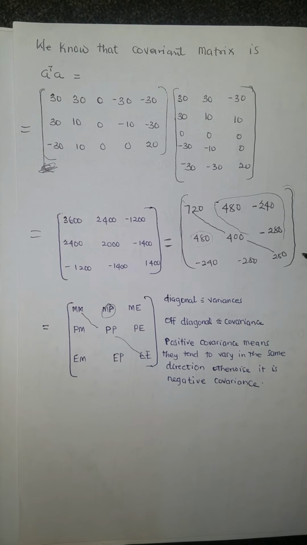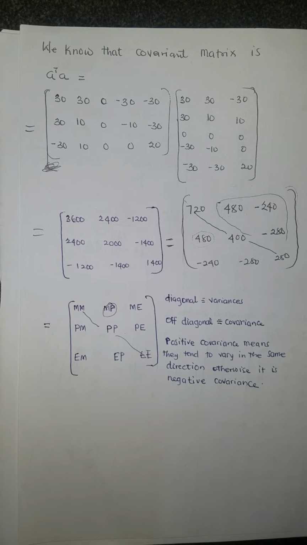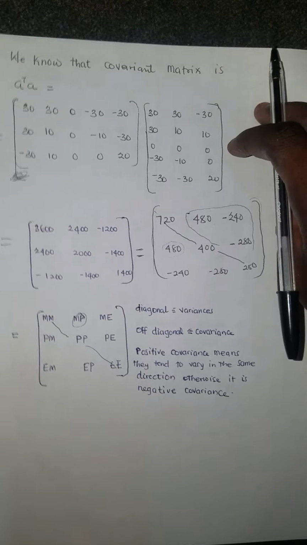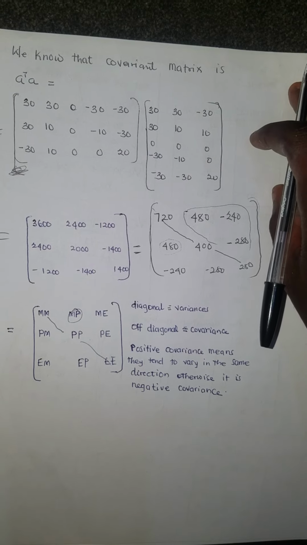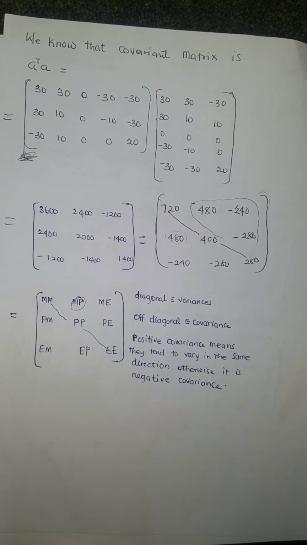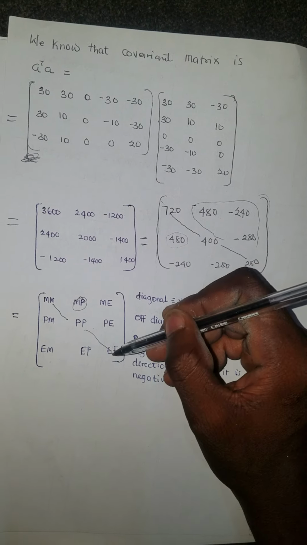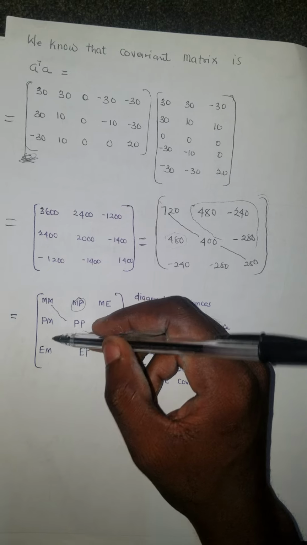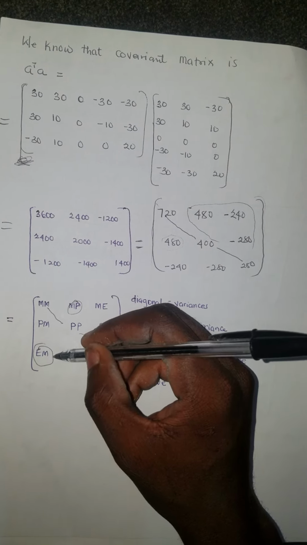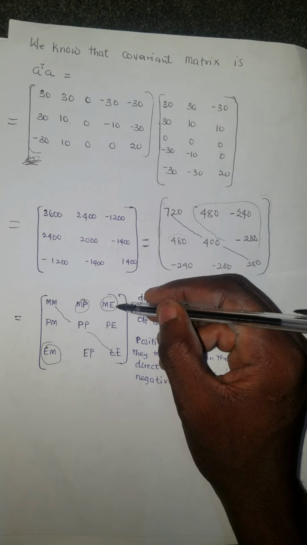So what they are trying to say by saying that the matrix is a symmetric matrix is that the covariance of English and mathematics is the same as the covariance of mathematics and English.